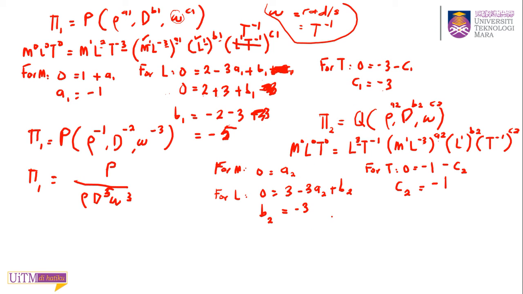Pi 2 will be equal to Q over A2 is 0, so nothing, and B2 is minus 3, so D cubed, and omega to the power C2 is minus 1, so Q over D cubed times omega.